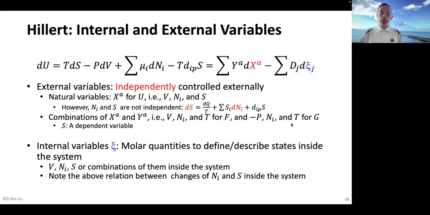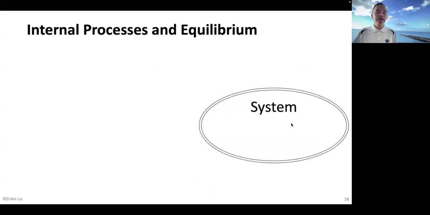Again, entropy is a variable, an independent or a dependent variable, but the entropy is always related to S, N_i. So that's a very important relation. Thermodynamics makes the description of a system, or the internal process, much more complicated because of this relation between entropy and N_i.